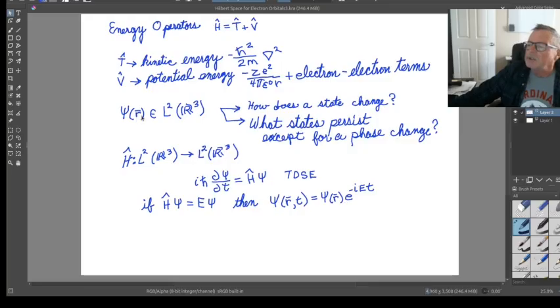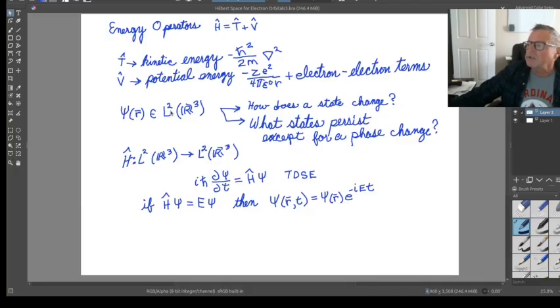And this space, just as a reminder, is represented by this god-awful looking thing. It's not so god-awful except for the L squared. You're thinking, L squared, what's L and what's the square? Well, this has to do with that property of square integrable functions, which allows us to crank out the probability.